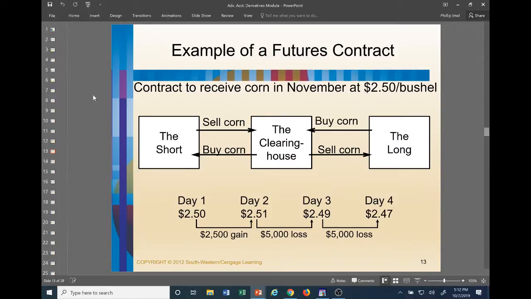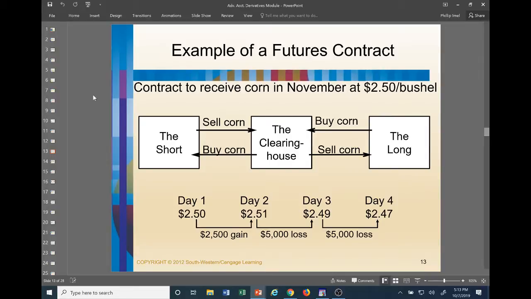So here's an example of a futures contract. Let's assume one buys 50 contracts on the Chicago Board of Trade to receive November delivery of corn to a certified warehouse. Each of these contracts is in units of 5,000 bushels at a futures price of $2.50 per bushel. Notice that the terms of the contract are standardized.